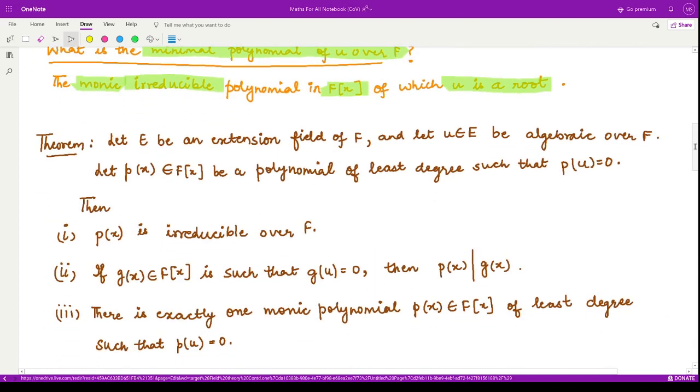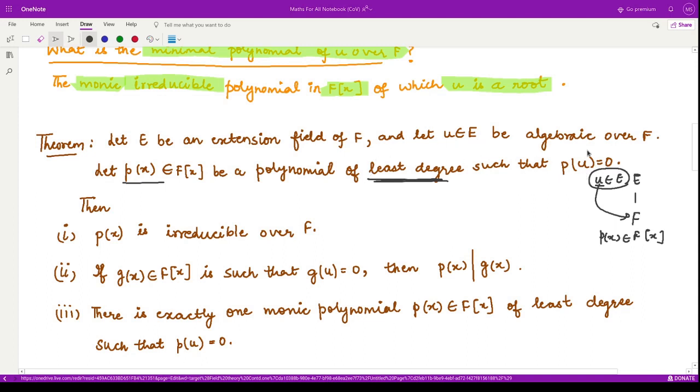So the result says that if E is any extension field of F, that means we are saying E is the extension field over F, and u belongs to E is an algebraic element over F. That means you can have some polynomial in F, they are saying that is p(x). So we have some p(x) in F[x] be such polynomial of least degree such that u is a root of this.